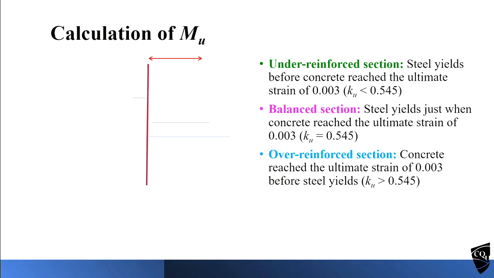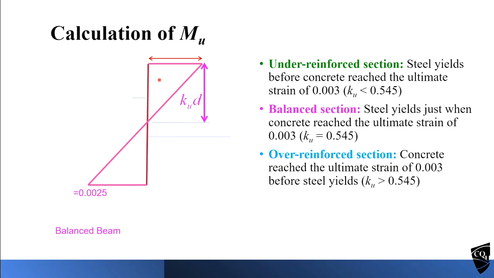Okay. The standard says there are three terminologies: under reinforced, over reinforced, and balanced section. So we look at this one. The strain on the compression side is 0.003. What is the maximum strain here? 0.003.